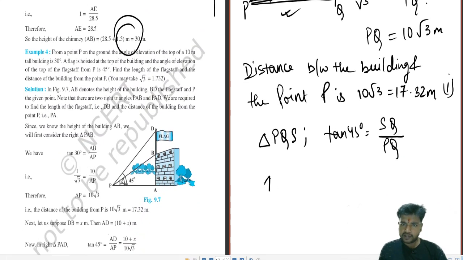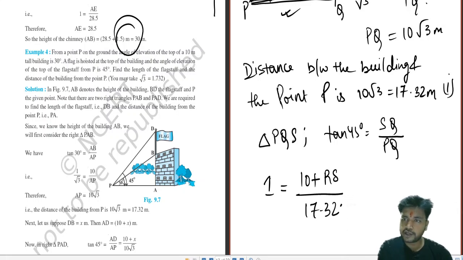Now tan 45 is 1. We know that SQ, if you look at it carefully, will be 10 plus RS, and this will be 10 root 3. We have solved it, or it would be better if we take 17.32. This will give the answer very fast and easily. Okay, 17.32.